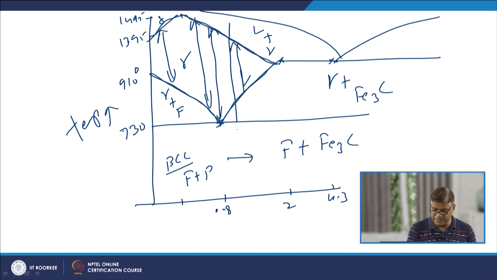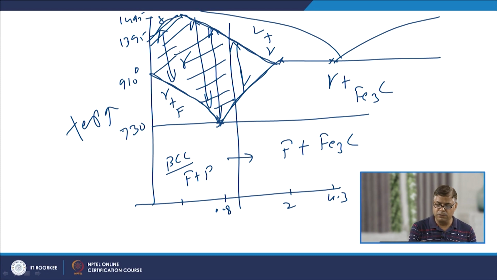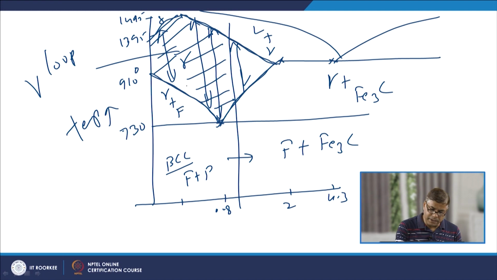Mostly the steels will have about 1% carbon content. So, this is the kind of loop which we get. This loop is termed the gamma loop. Now, these boundaries of the gamma loop can move down or move up according to the alloying elements.